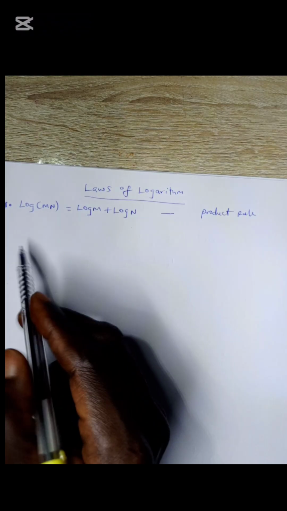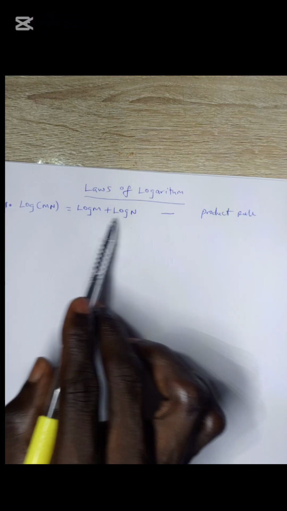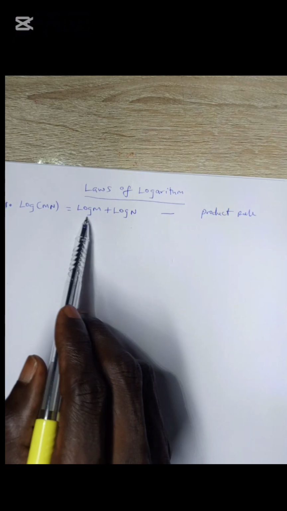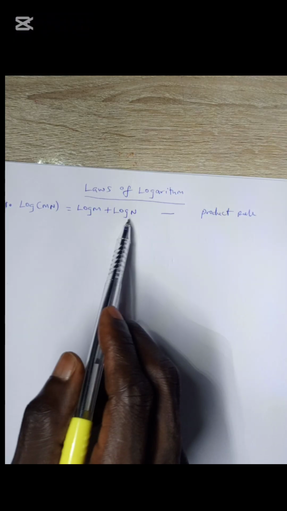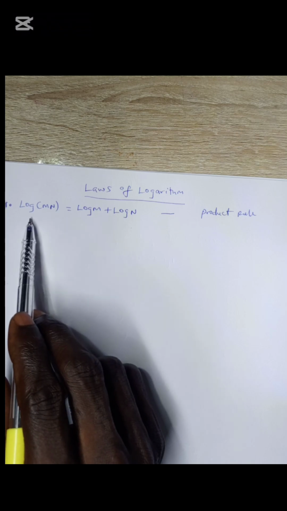Don't forget, anytime we have ordinary log without any base, the base is 10. If they put base 2, that shows it is in base 2, but any day they did not put any base, it is automatically base 10.